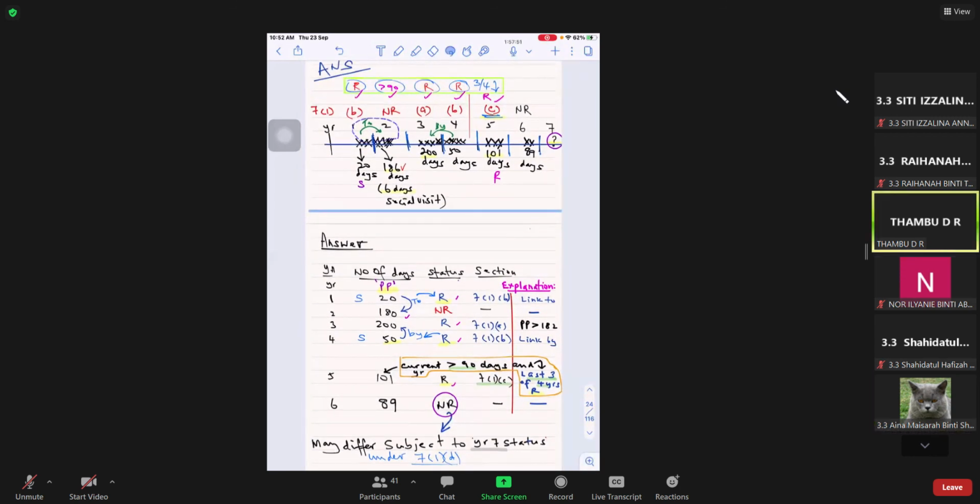So why in year 2 is it non-resident, while in the next question it is stated as resident?